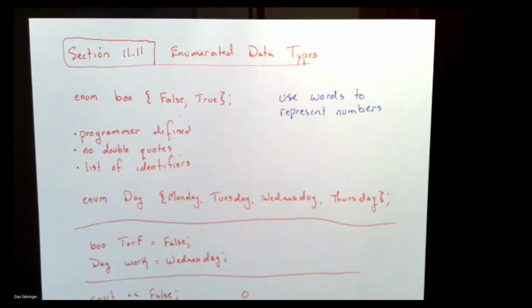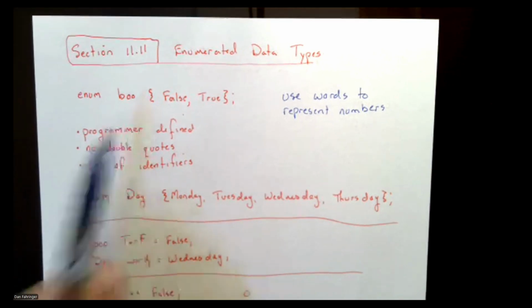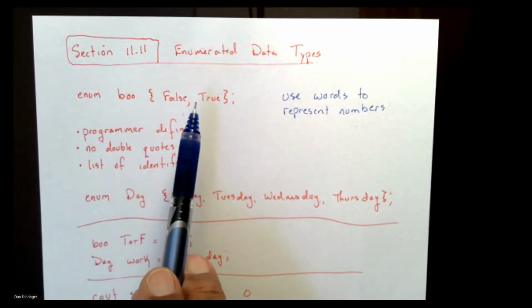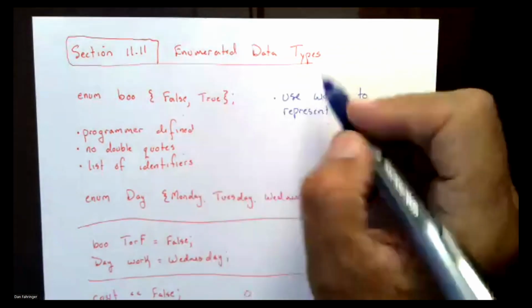Okay, so here is a simple one that you've been using and didn't even realize it. There's an enumerated data type, and I made up my own, I call it boo, but what do you guys have? Boolean, right? Boolean is defined as an enumerated data type. It's got two values in here.